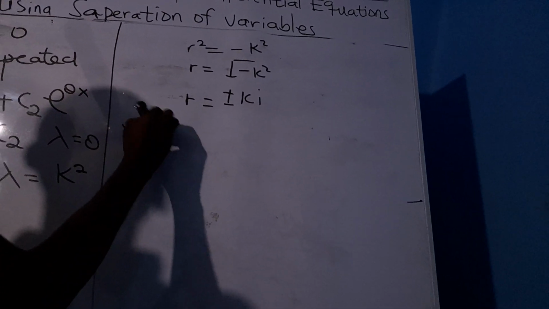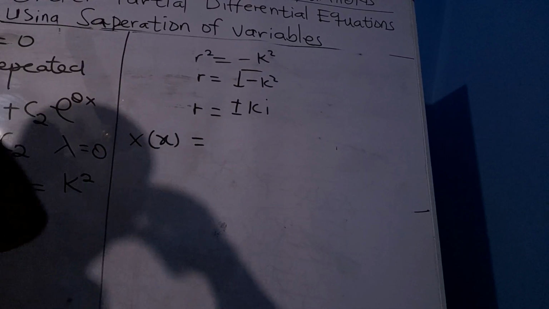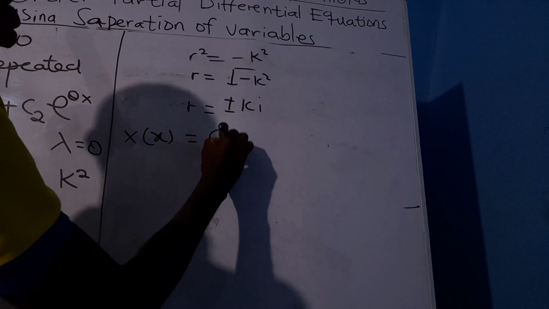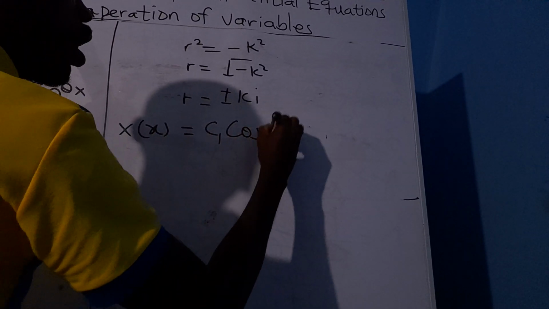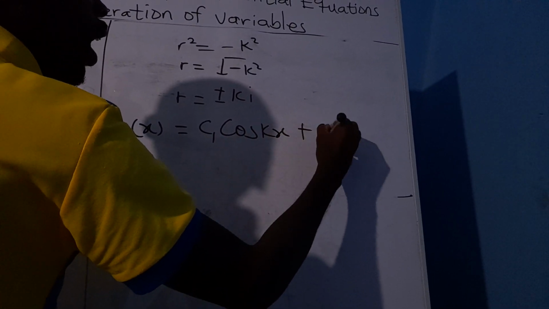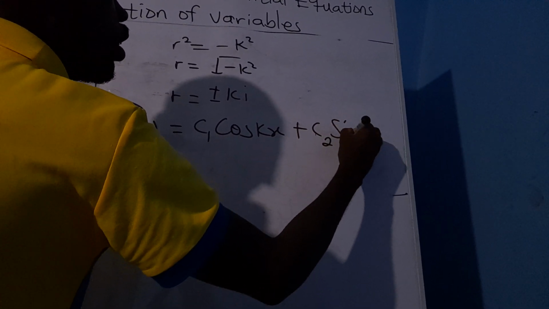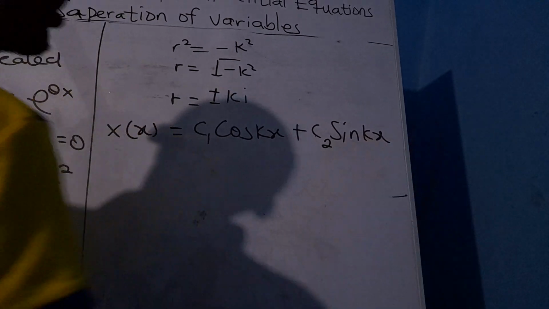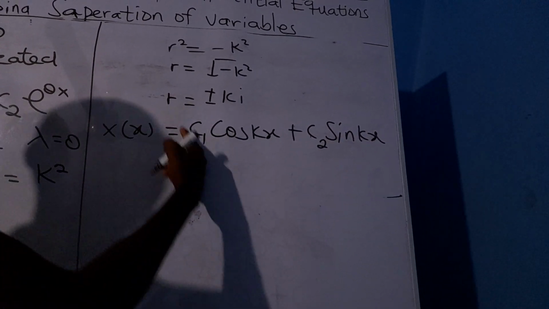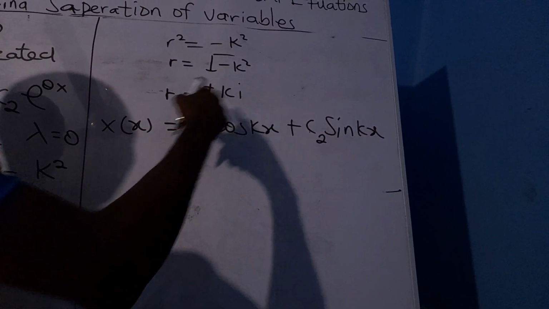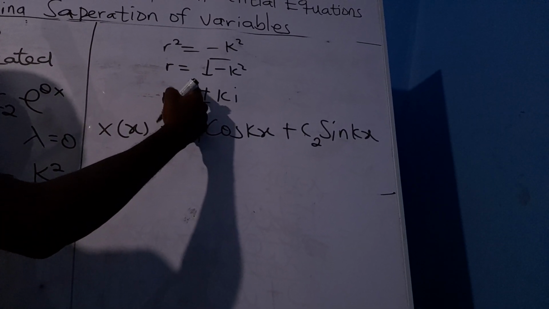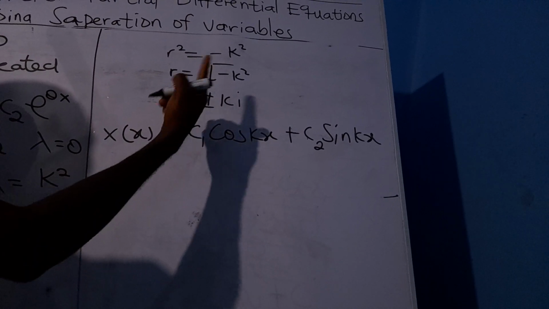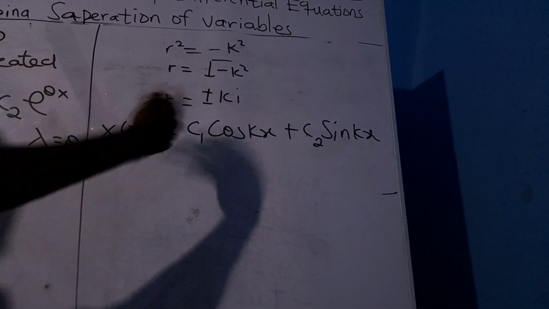Then our x there will be equal to c1 cos kx plus c2 sin kx. All this is from ordinary differential equations. It should be e exponent the real part, but the real part is 0, so e exponent 0 will be 1. It will be the same thing.